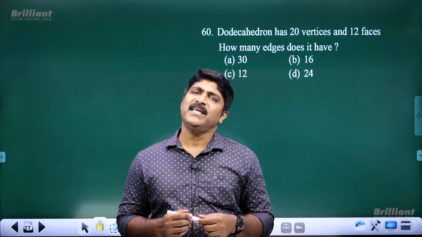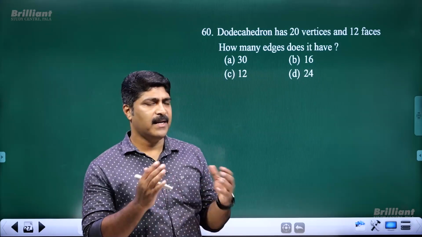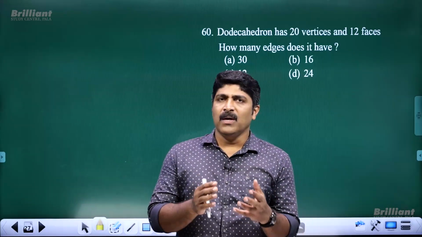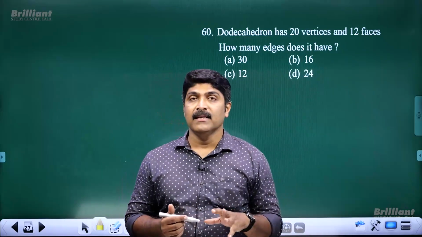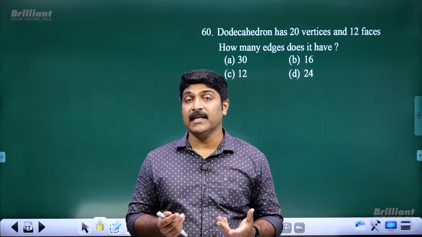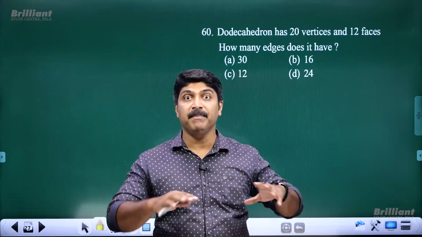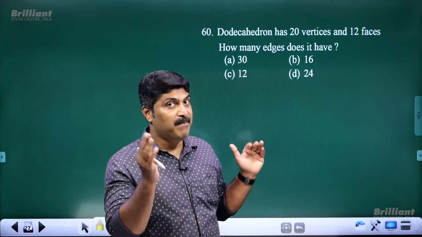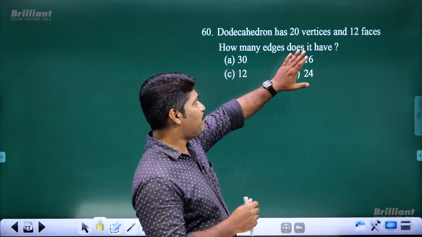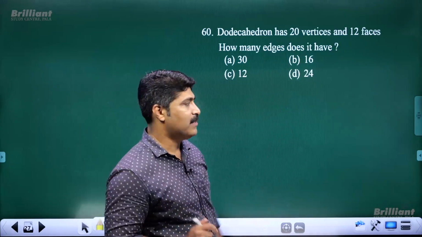Can you visualize it? What kind of figure is it? Here there are different possibilities. In this case, it specifies that there are 12 faces. It's not mandatory that it contains exactly 12 faces. It may be more than 12 faces also. So it should have a minimum of 12 faces like that. So it's specifically given there are 12 faces.